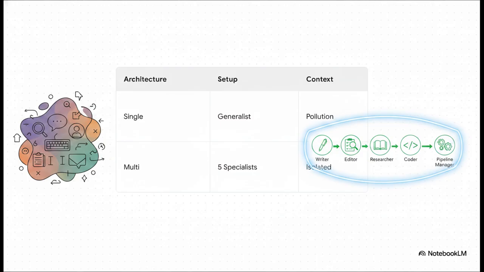You set up a writer, an editor, a researcher, a coder, and a pipeline manager. Doing it this way means your researcher can spend 10 whole minutes digging through web pages and it won't pollute your main conversation log at all. You can even set up these amazing quality gates. Like, you can have the editor agent score the writer's drafts against a strict 100-point rubric and automatically reject anything that scores under a 70. It absolutely outperforms cramming everything into one single context.